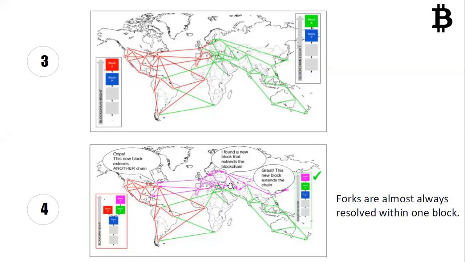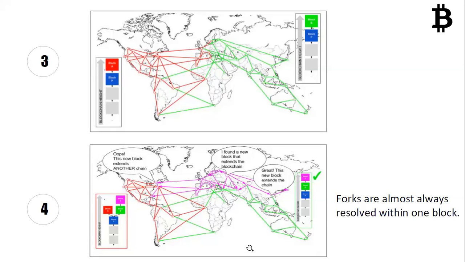So in this scenario, what happens? The next block gets added to the green block. So the blue block, then green, then purple. So this becomes the longest chain. The longest chain is deemed to be correct, and adding a block to the longest chain is rewarded.